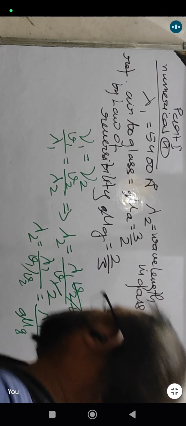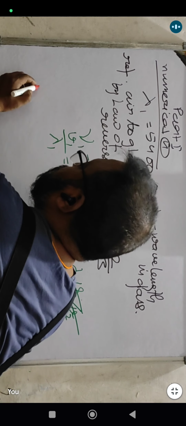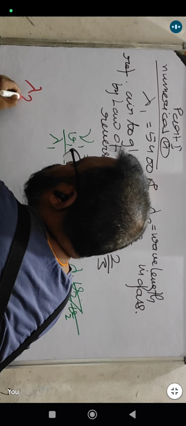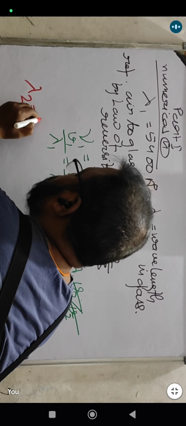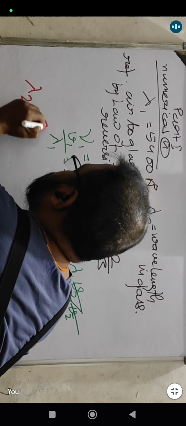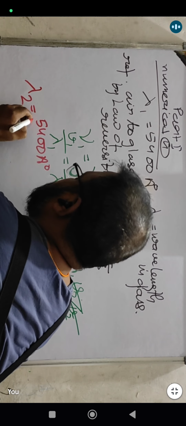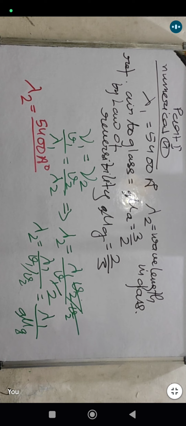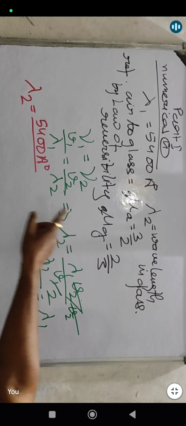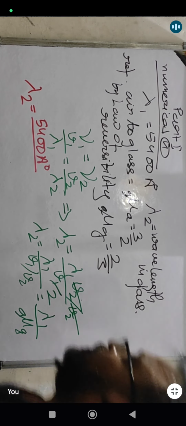So now lambda 2 is equal to lambda 1, which is 5400 angstrom, upon refractive index of glass with reference to air, 2 by 3.